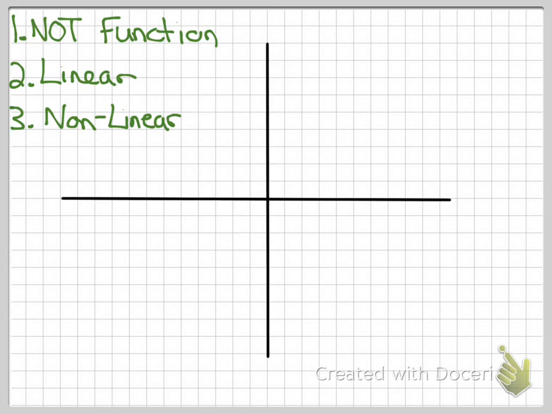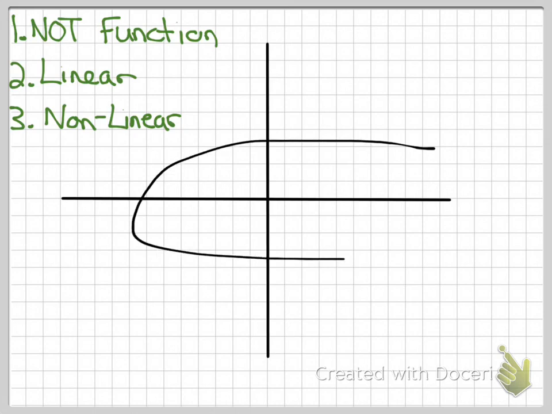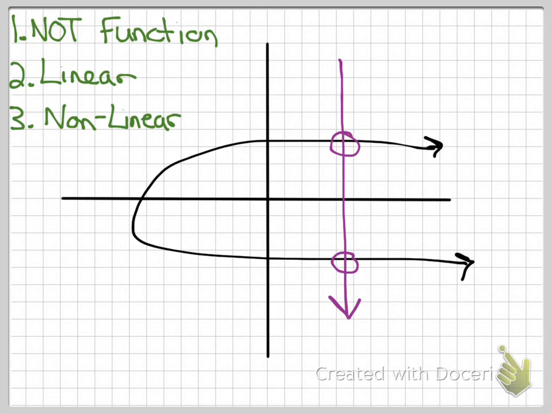But let's say I have one like this. So now when I draw my vertical line, I'll draw it in a different color. Now when I draw a vertical line, how many points does it intersect? 2.